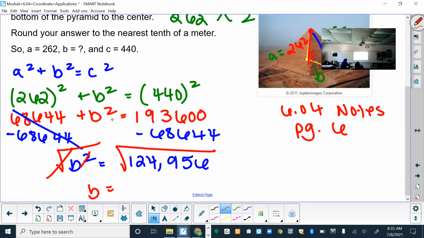And when I did that, the decimal answer is the most preferred answer, even though it's not exact. So it's approximately 353.5 meters. It also does say round your answer to the nearest 10. So that should have given you the decimal answer.